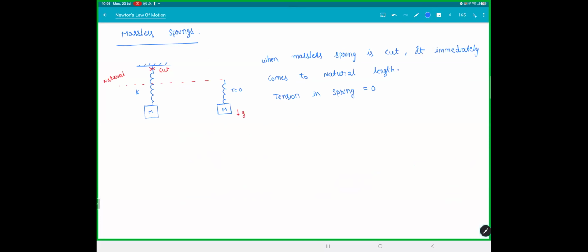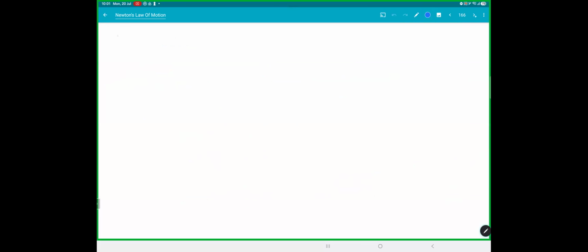What if springs have mass? If springs have mass, the moment you cut, because the spring has some mass, it takes time. You will not have infinite acceleration. There will be some finite acceleration, large, but there will still be some time. So let me show you how it looks.